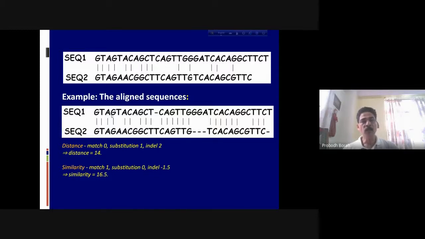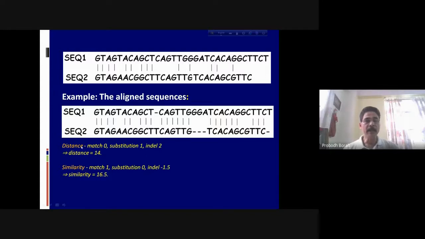Say, for example, while finding the distance between the 2 sequences, let us, for simplicity, take that when there is a match, there is no distance or no difference between the 2 sequences. When there is complete identity in one position, suppose in the first position Z to Z, both the nucleotides are the same, there is no mismatch or variation. So we can say that distance is 0.